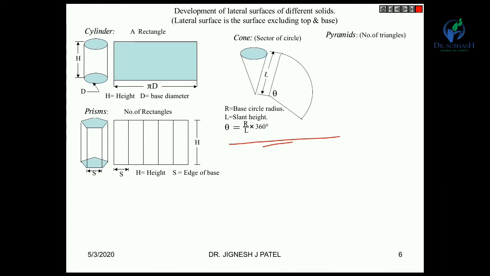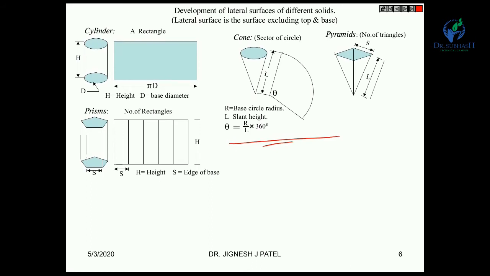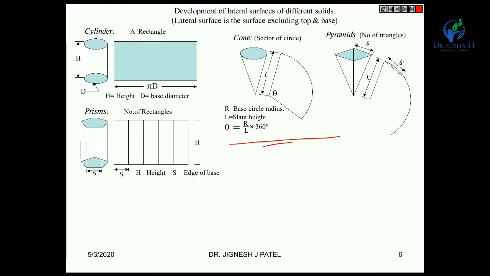Now the development of a pyramid. In this pyramid we have to find the number of triangles. It is a square pyramid where L is the true length of the slant edge and S is the side.